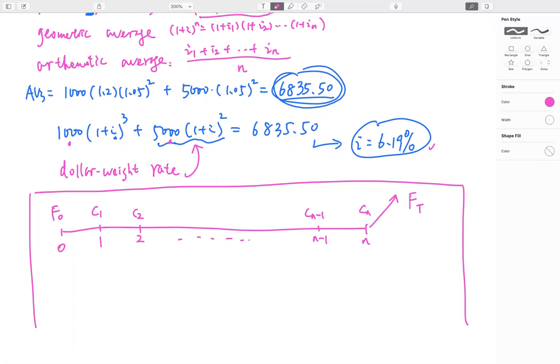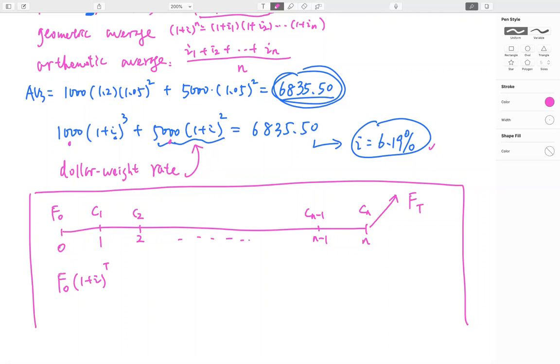Now let's assume there exists a unique interest rate i, which is equal in each year, so that I could establish this equation. Again, this interest rate i does not really exist.